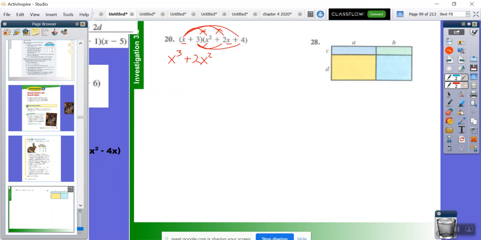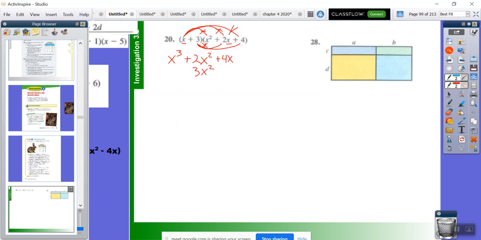Okay. And then 4 times x would be 4x, right? Yep. Then 3 times x to the second would be 3x to the second. You're totally right. And notice how I'm writing the x to the seconds directly underneath each other. That way it's a lot easier to add them when we're done.